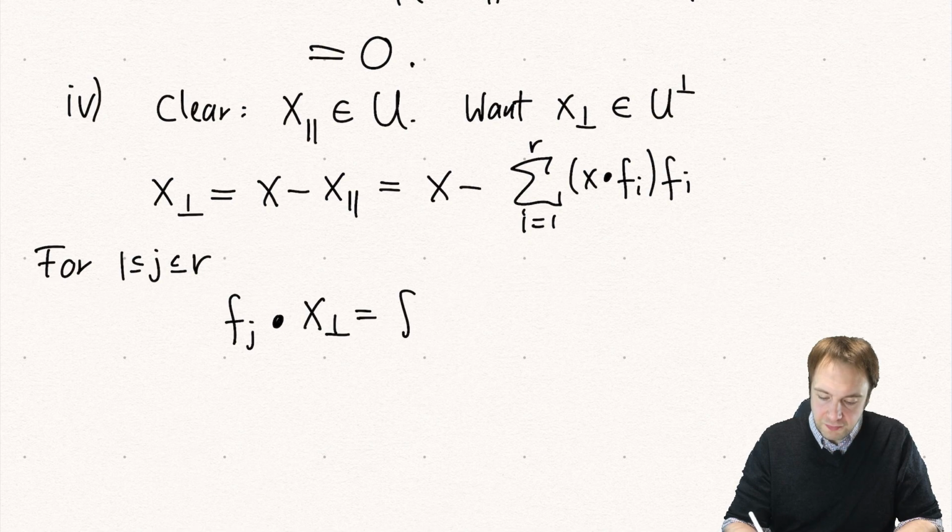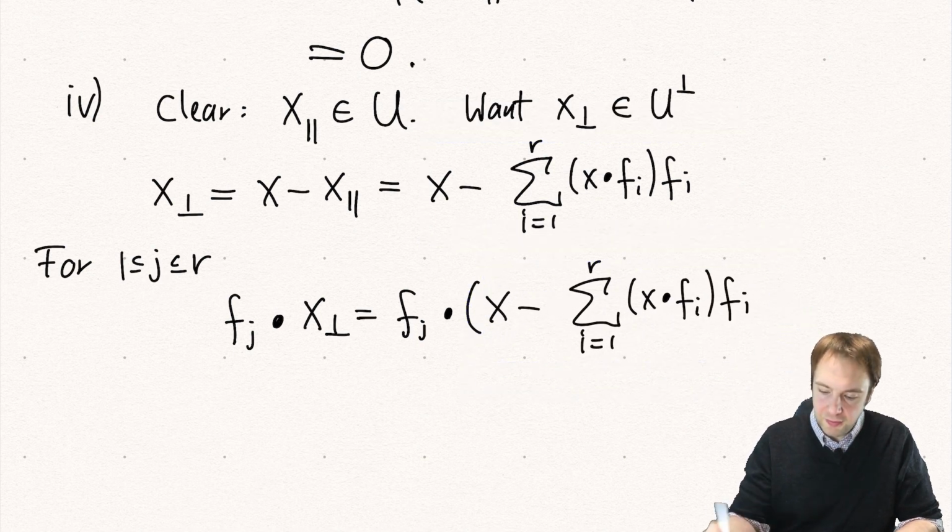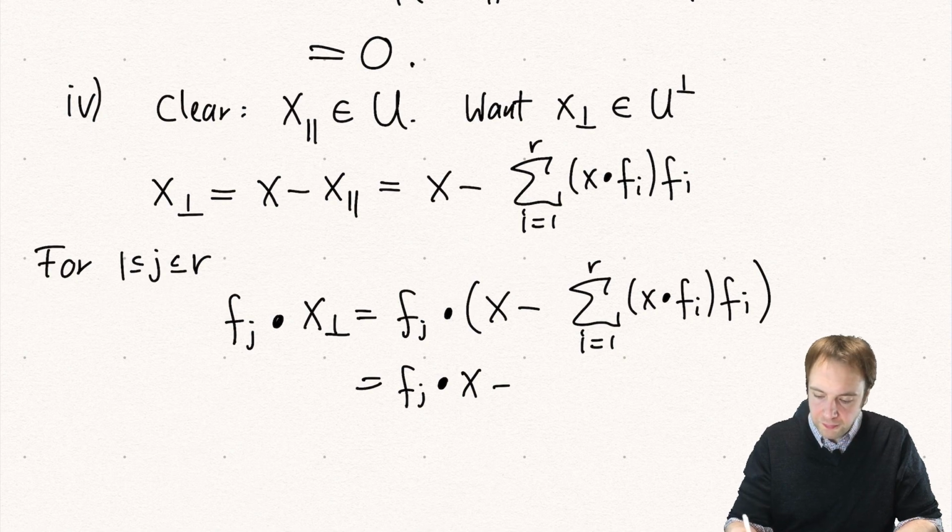And by definition, this is the dot product of this thing here. If you write this out, it's Fj dot product with X minus Fj dot product with this sum here.